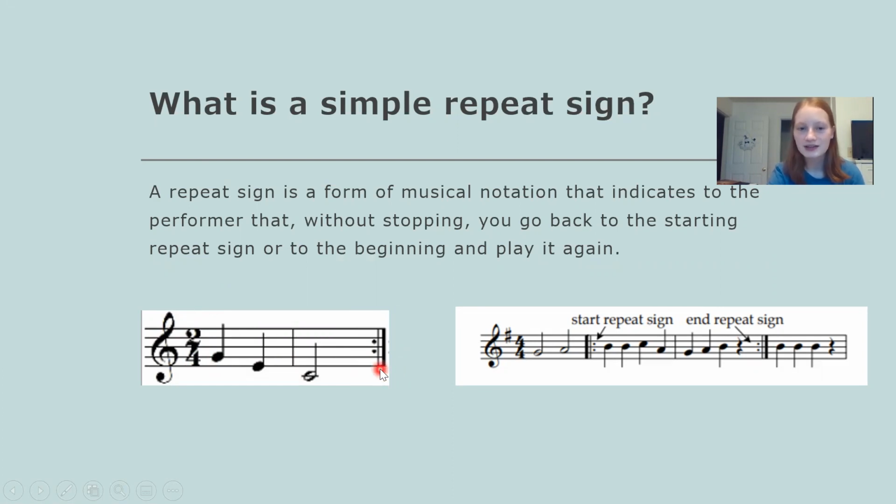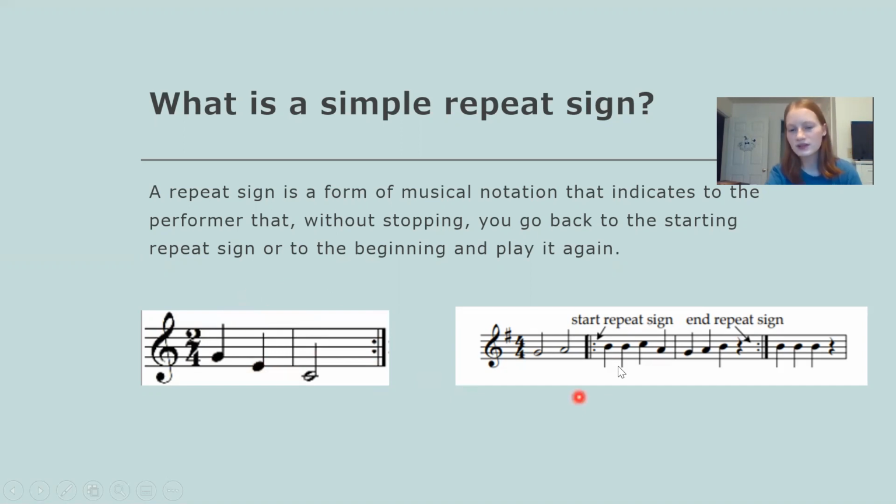So this indicates that after we've played through the first two measures, we're going to go back to the beginning and play through it again. So again, we're going to play measures 1 and 2, and then without stopping, we're going to replay measures 1 and 2 one more time.